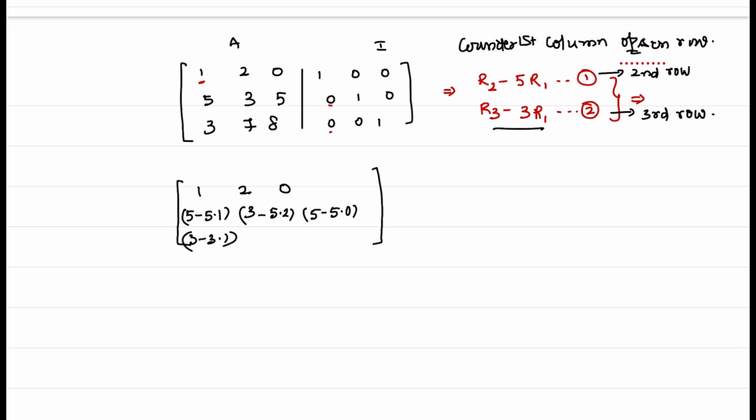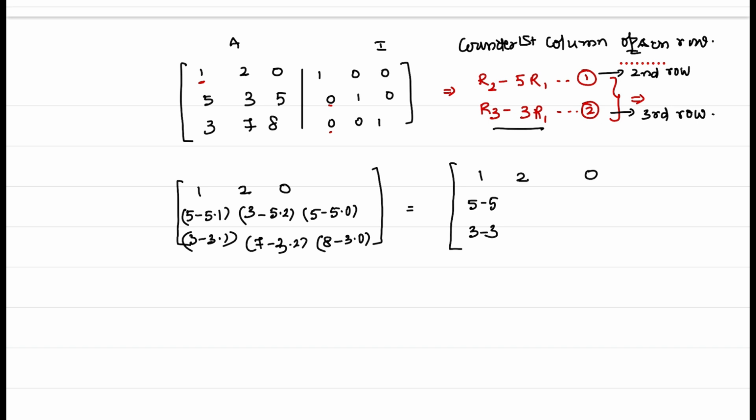This is the first element. R3 here is 7, 7 minus 3 into 2. Be very careful while doing it. Last is 8 minus 3 into 0. What has it become? 1, 5 minus 5, 3 minus 3, 2, 0.